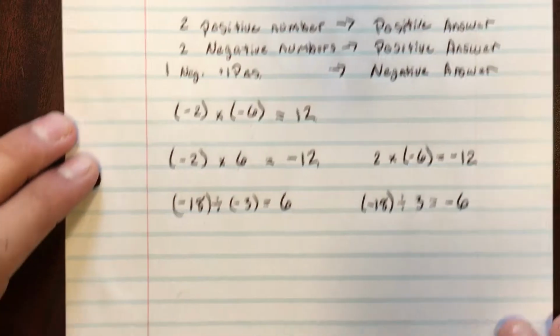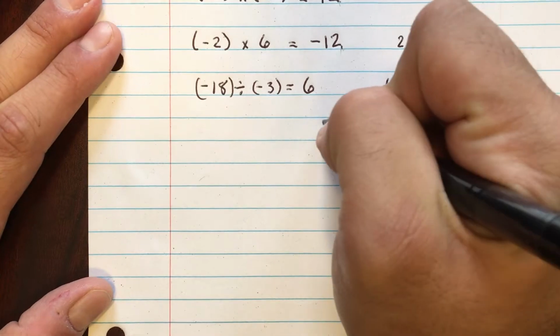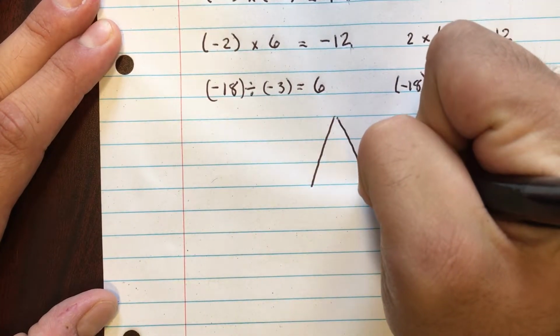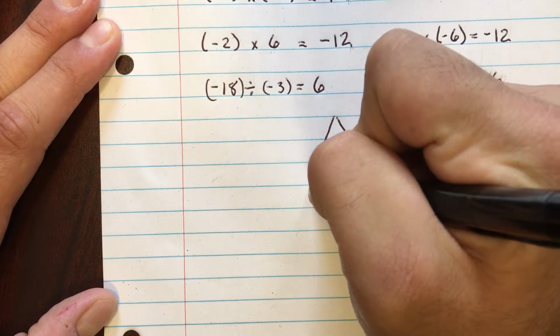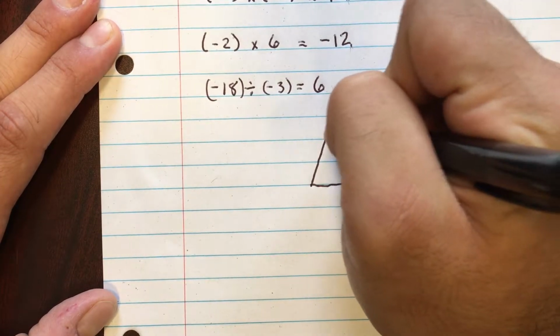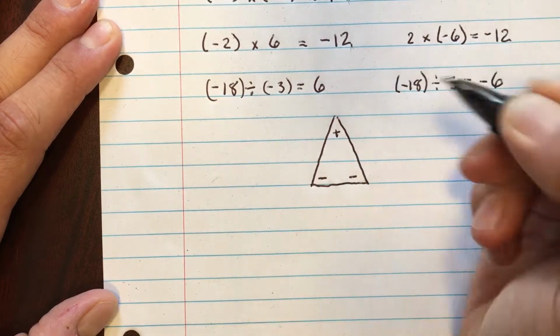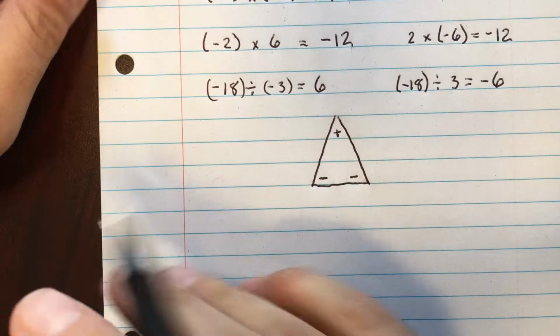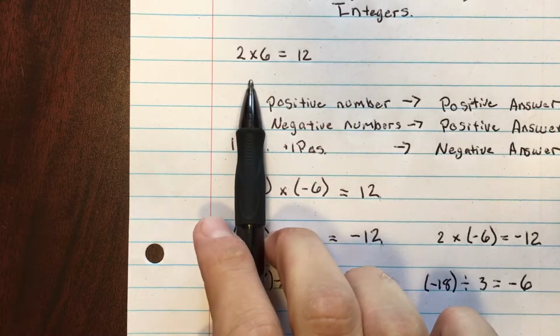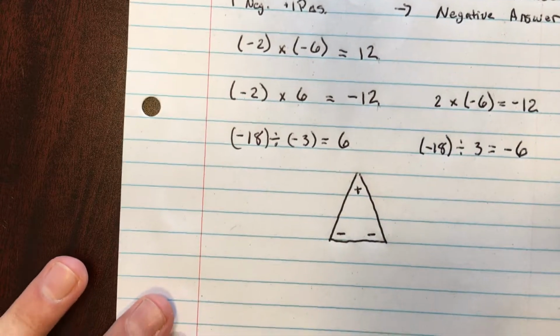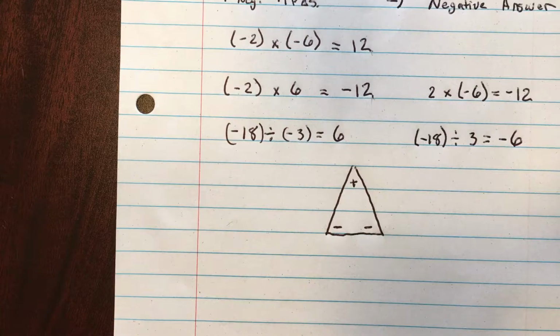All right, now here's a trick that I like to show my students. It starts with a triangle, and we're going to put a plus sign on top and a negative sign on the bottom. Now, by now hopefully we know that if it's positive and positive, it really shouldn't be a question of whether it's going to be positive or negative, so it really doesn't work for that.